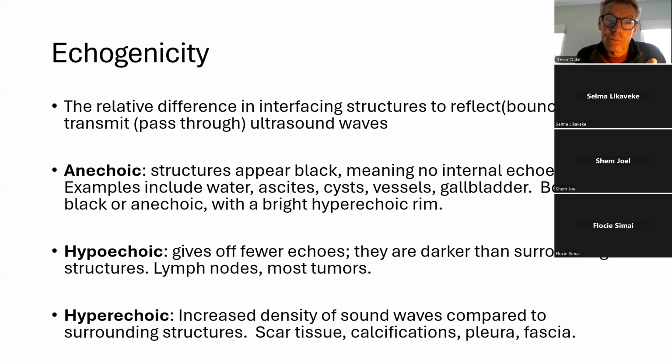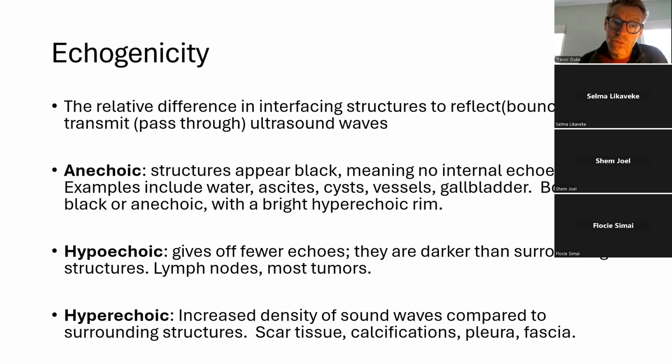Echogenicity means that the ultrasound probe emits sound waves, and they either pass through or hit structures. They either reflect, that is, the sound waves bounce off the structure, or they transmit, which means they go through the structure.